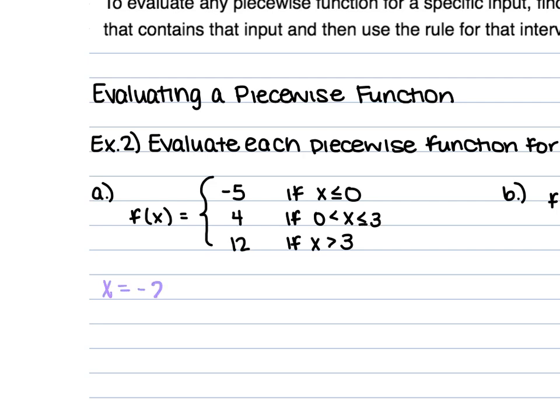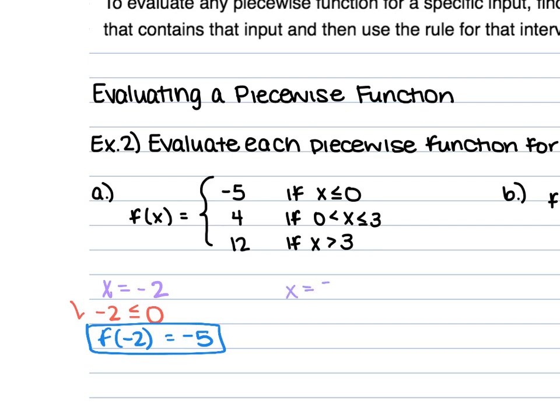If x is equal to -2, is -2 less than or equal to 0? Yes, it is. So then f of -2 is equal to -5. So we're just plugging these values into our inequalities and seeing which one gives us a true statement.